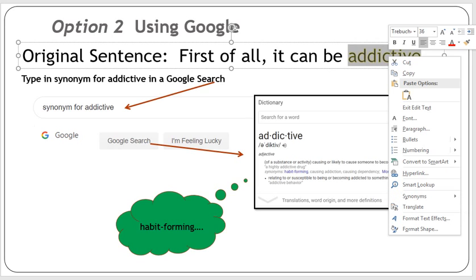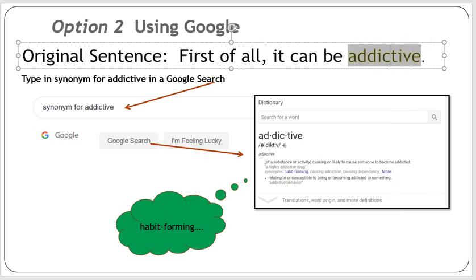In your Google search bar, you type in the word synonym for addictive, and then it will give you some results. This is the results that it gave me for addictive. It tells me that it's an adjective, and it gives me the definition. It also says that the synonyms are habit forming. So habit forming is a good alternative for addictive.